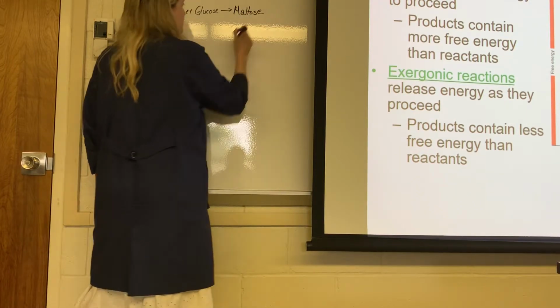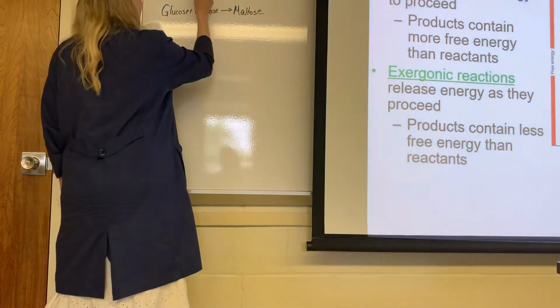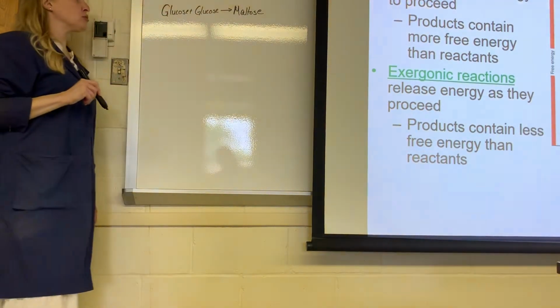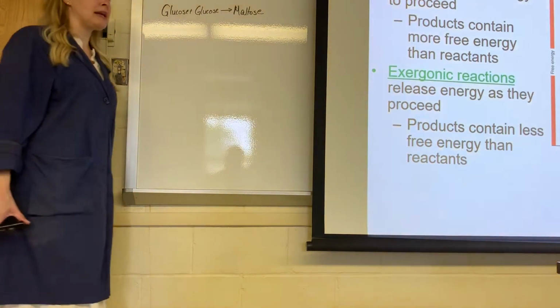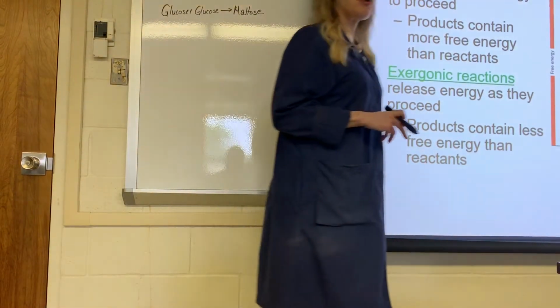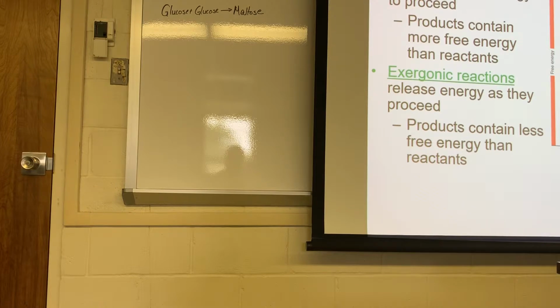Okay, maltose has more energy than the two individual glucose molecules. Why? Anybody know why? Why would maltose, being a disaccharide, have more energy than monosaccharides? Because there's two saccharides to draw from.